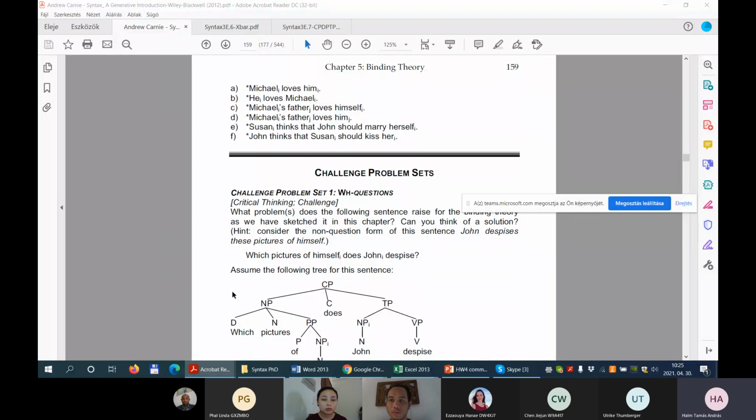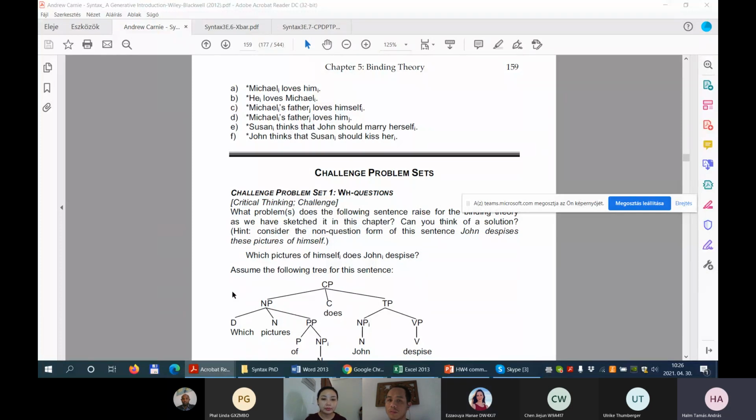So this is supposed to mean Michael's father loves Michael's father, and the correct version would be Michael's father loves himself, right? Because an anaphor must be bound, but indeed, as Ulrika says, a pronoun like him cannot be bound within its domain, right? And this is condition B. So this is a trick.